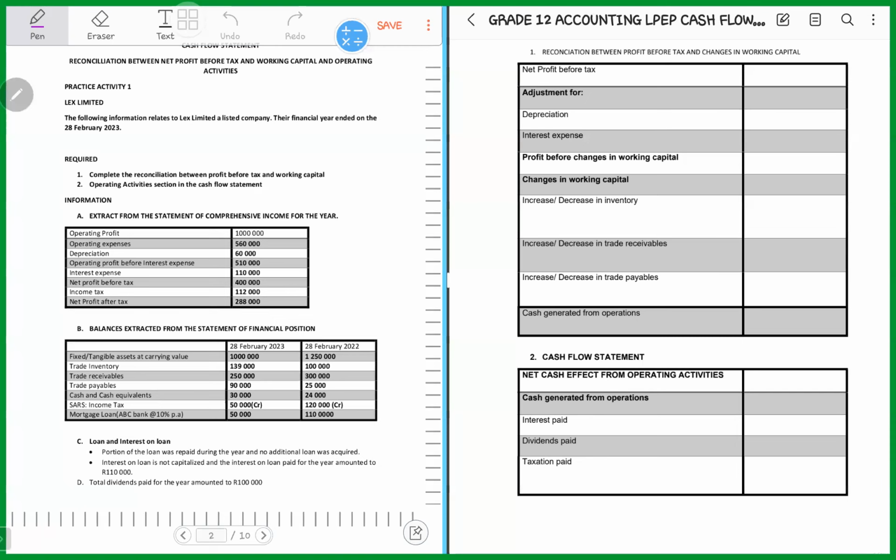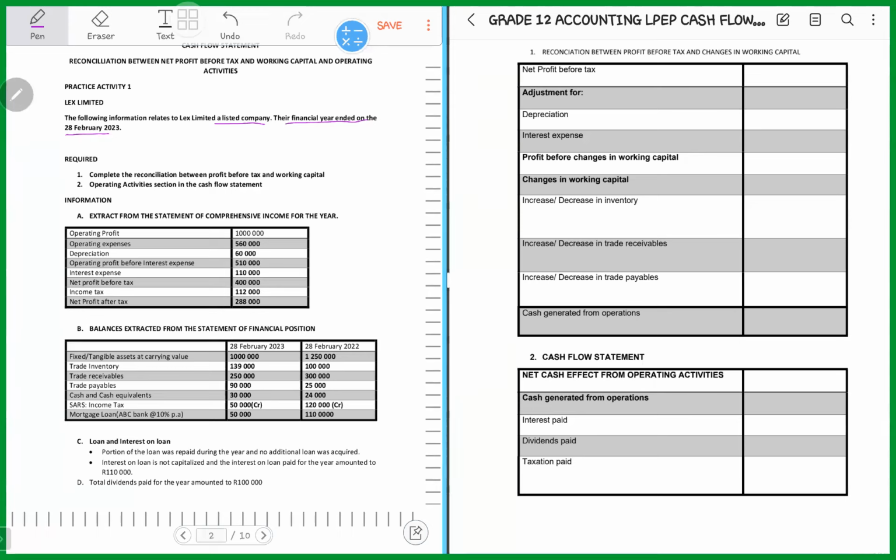Okay, they are saying the following information relates to Lex Limited, which is a listed company, and their financial year ended on 28th of February 2023. Then we are required to complete the reconciliation between profit before tax and the changes in working capital.